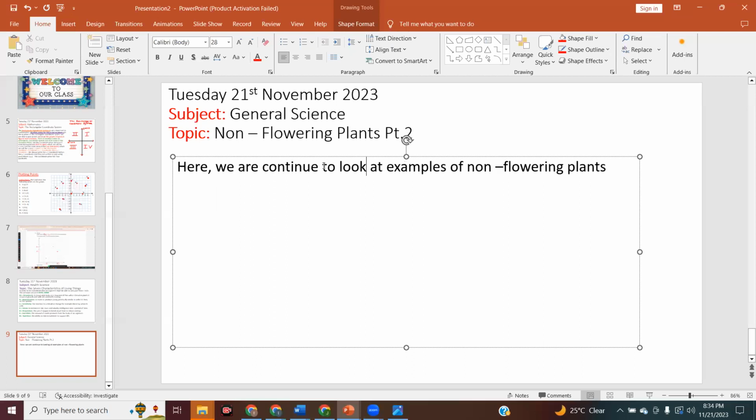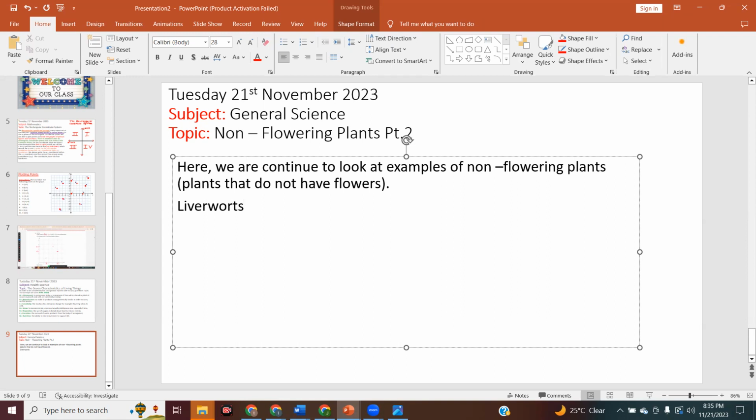Here we are continuing to look at examples of non-flowering plants. These are plants that do not have flowers. So examples are liverworts.